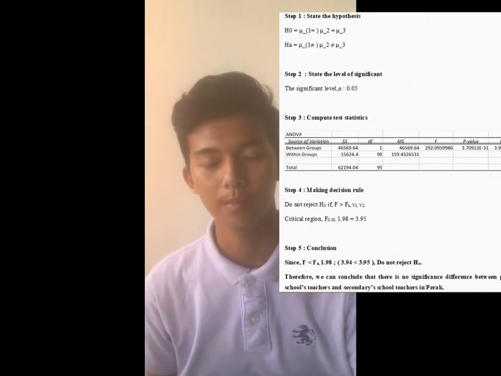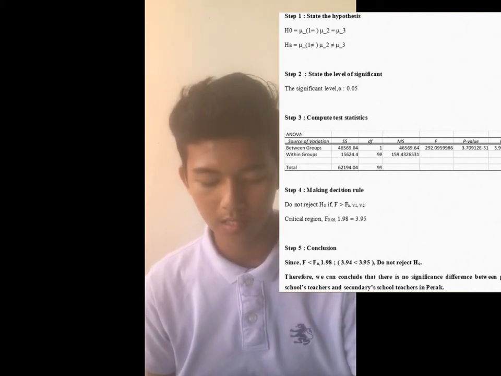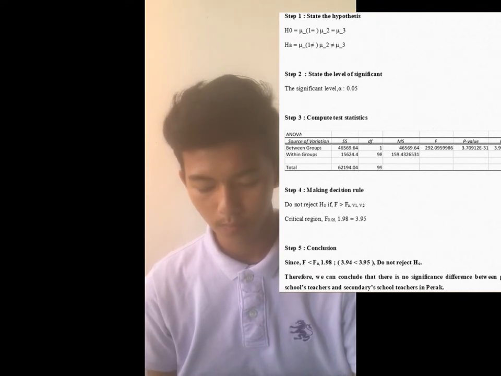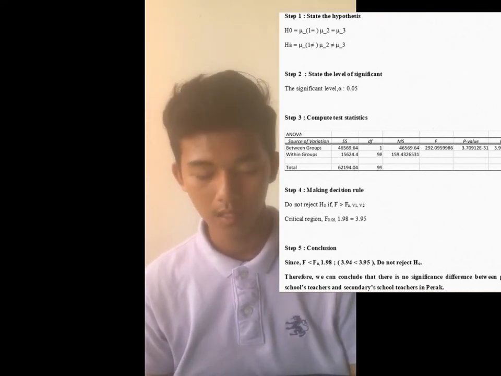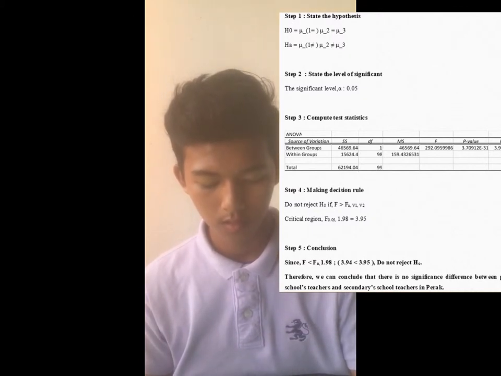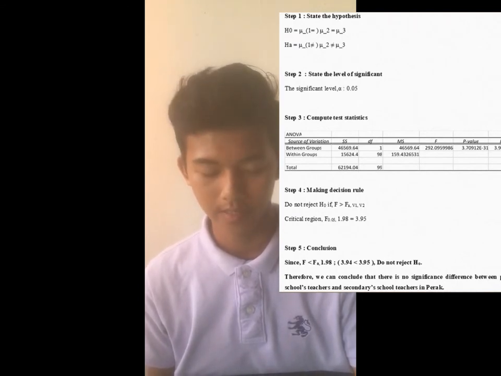Variance for primary school is 83.47 and for secondary school is 235.39. For the ANOVA, we need SS, DF, MS, F, P-value, F crit.